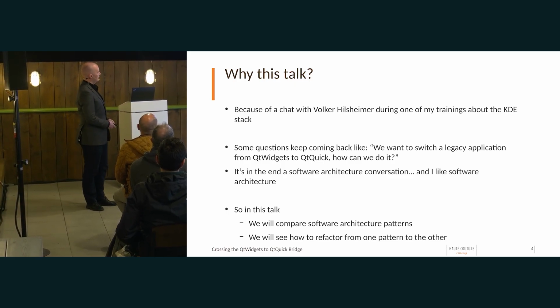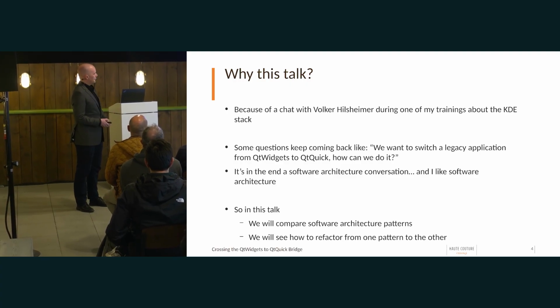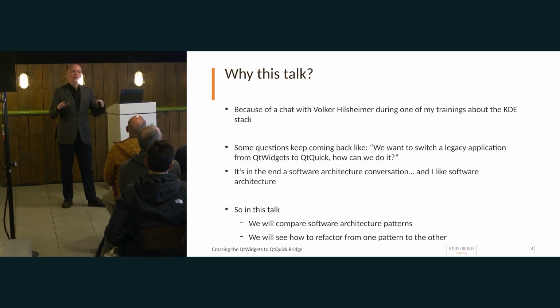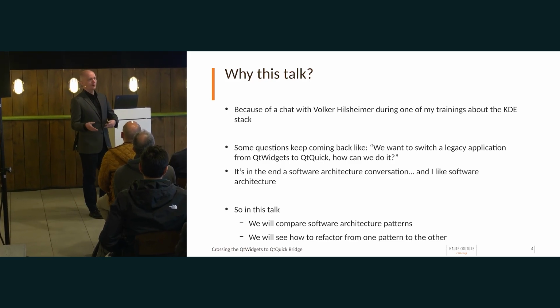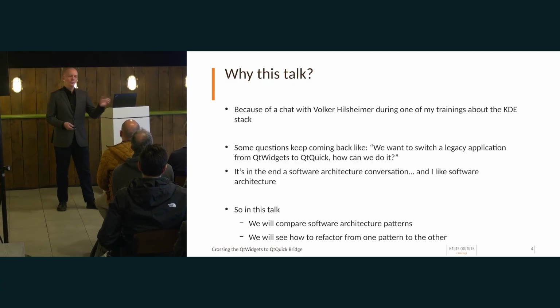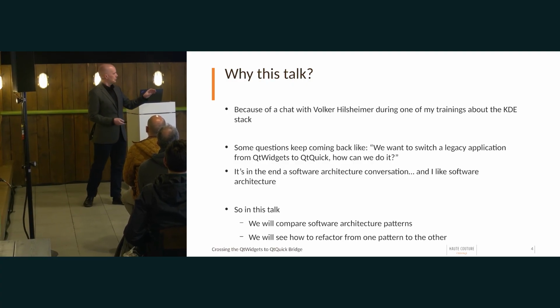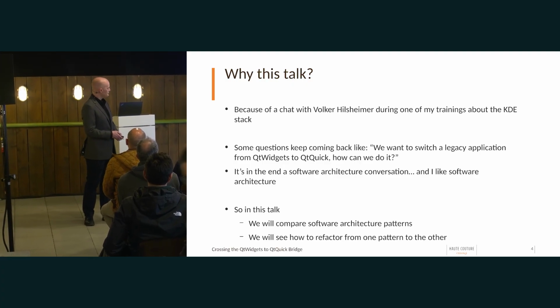That's what we are going to have here. And turns out I like software architecture. So in this talk, we will compare two software architecture patterns as we find them in applications when they come from QtWidgets or from QtQuick, and we will see a way to propose a path at least to refactor from one to the other so that you can actually do that.